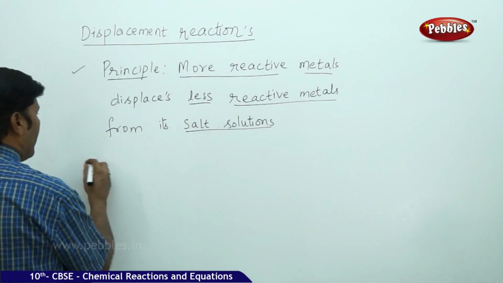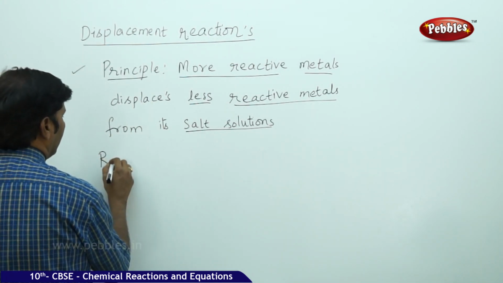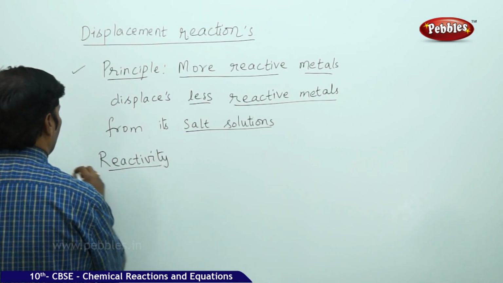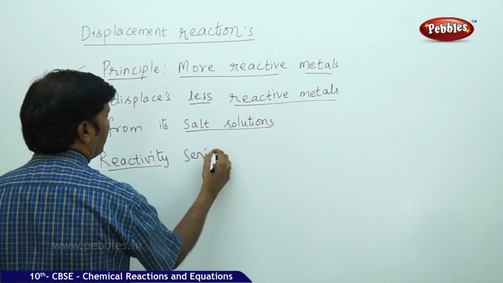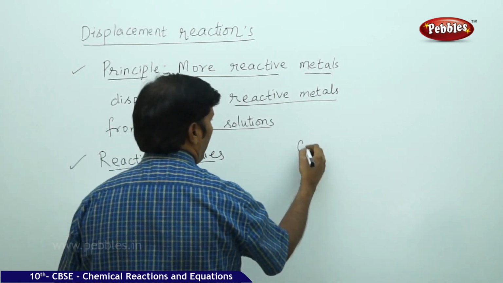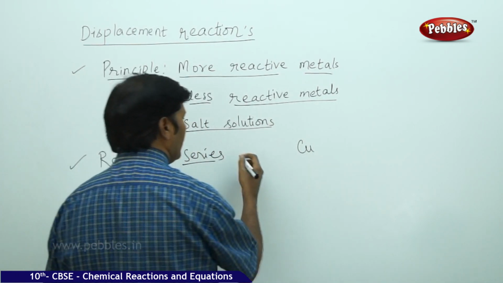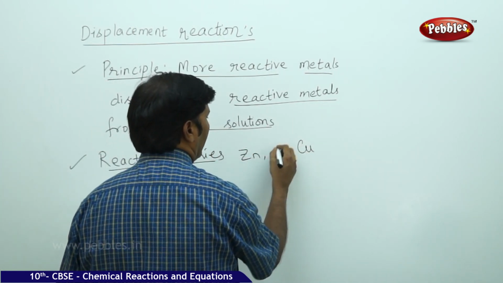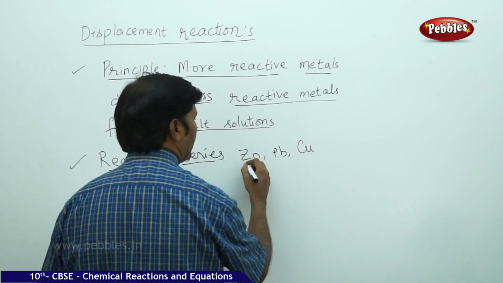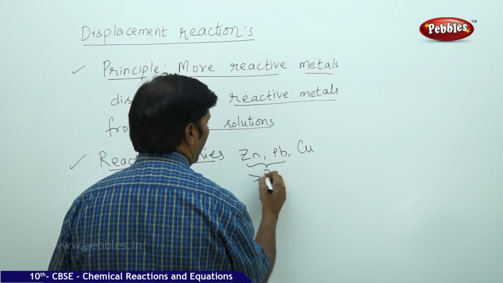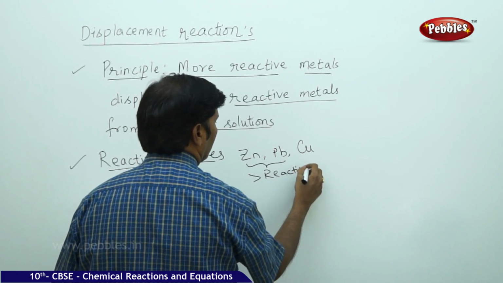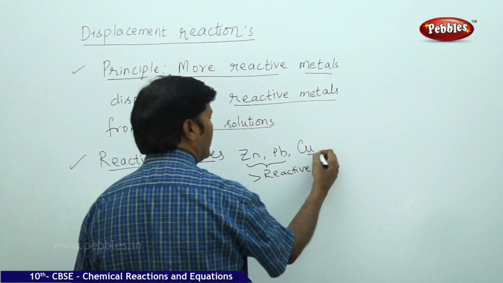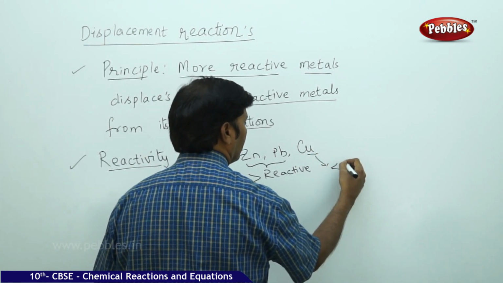For example, if you take the reactivity series of metals, if you take copper, and zinc, and lead, we can see that zinc and lead are more reactive, and copper is less reactive.